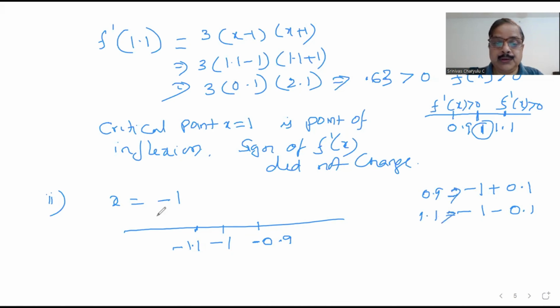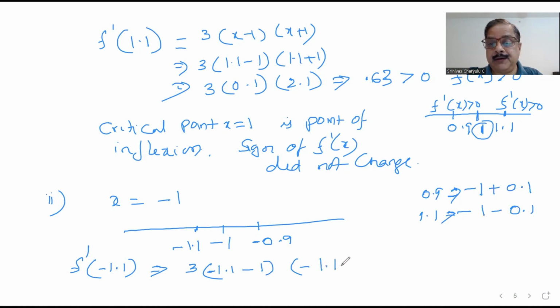Okay. So now let us study f dash of minus 1.1. So 3 into (minus 1.1 minus 1)(minus 1.1 plus 1). We are substituting in this equation.